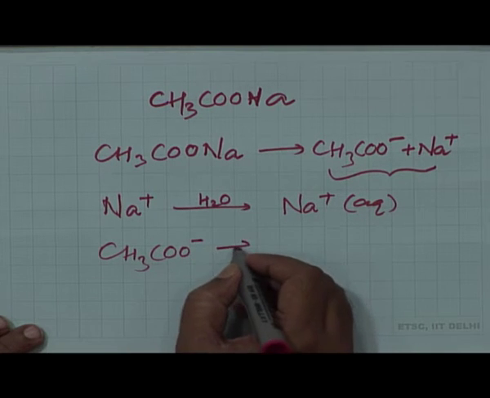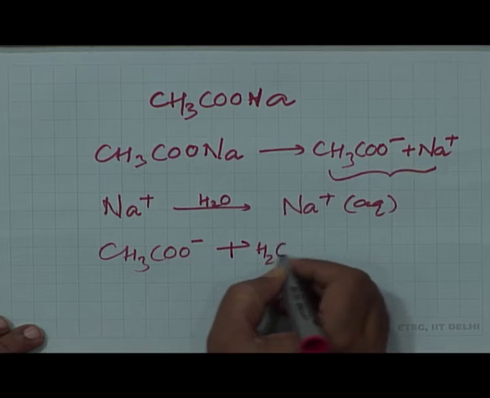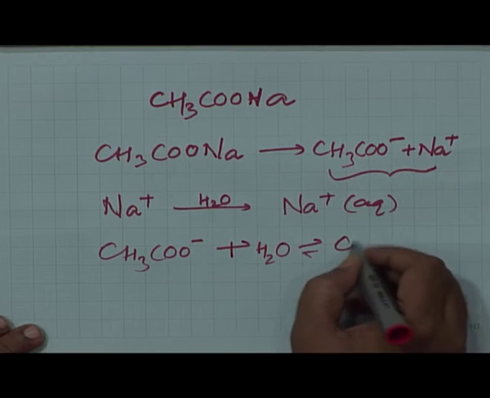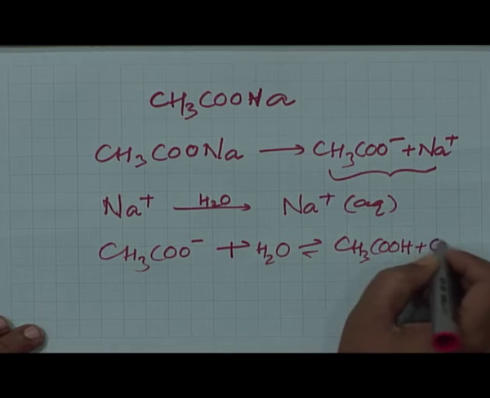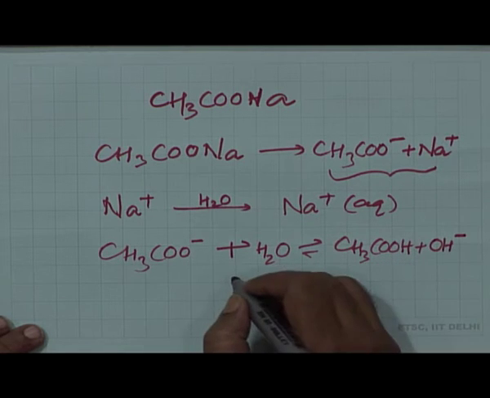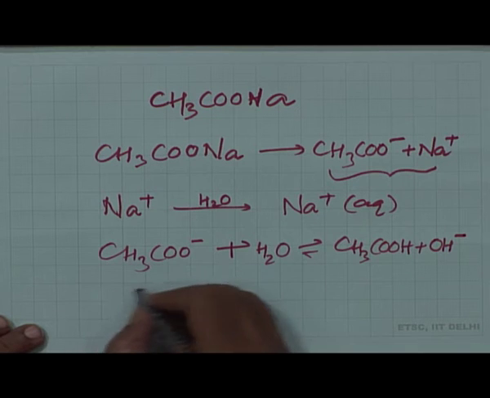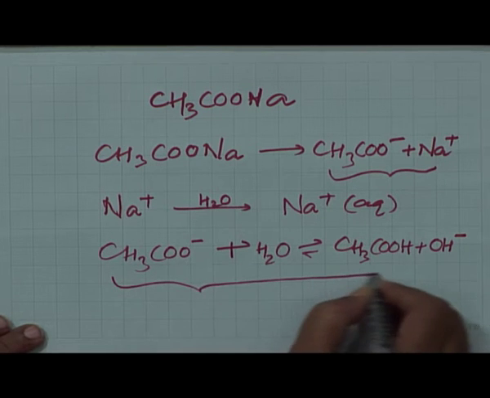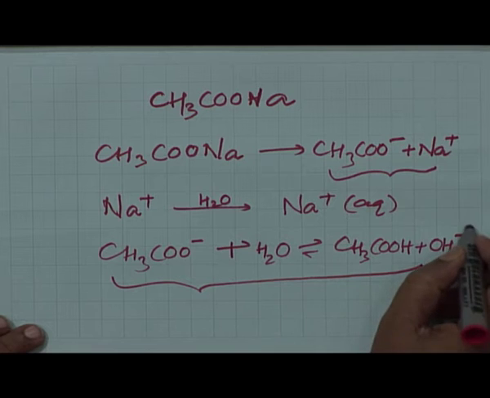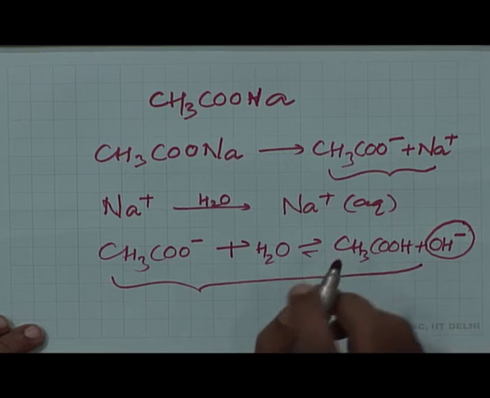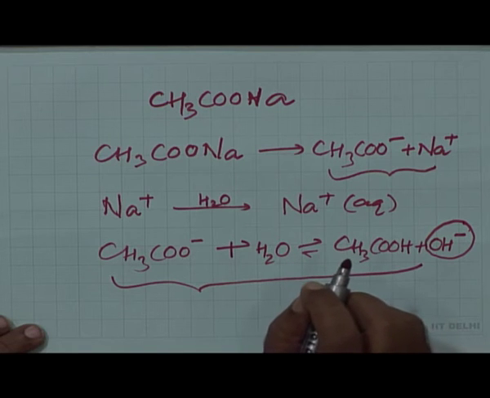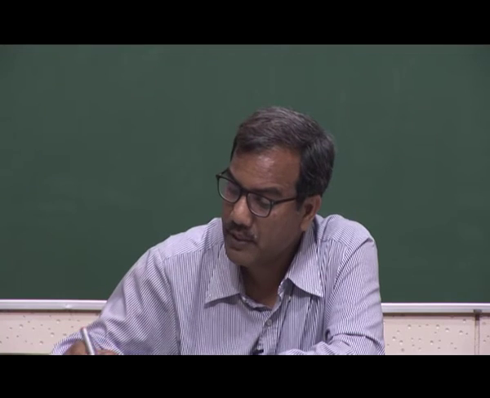Acetate ion plus water will give you CH3COOH plus OH-. That is what we know. And so, now you can see that in the solution OH- is generated. So, the solution will be basic.